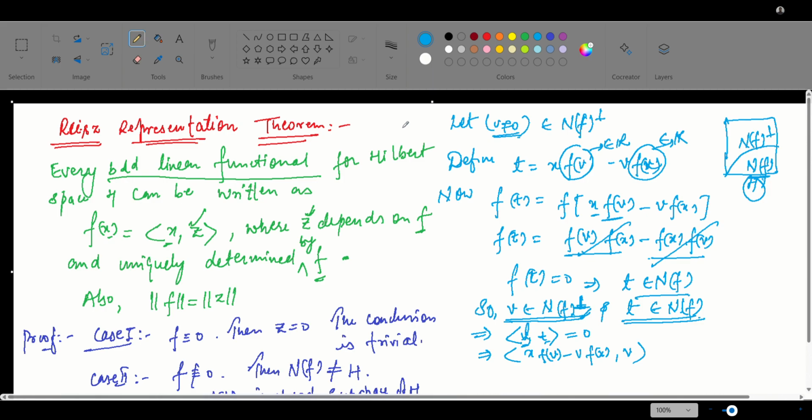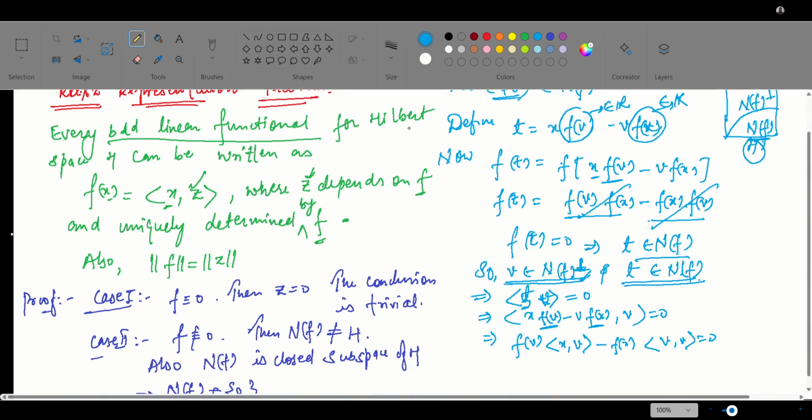So this is actually t comma b. Now this will be equal to 0, and because this is a constant value, take it common outside this inner product, right? And this is x comma b, and this is also a constant value, right? So minus f of x into b comma b, right? That will be equal to 0.